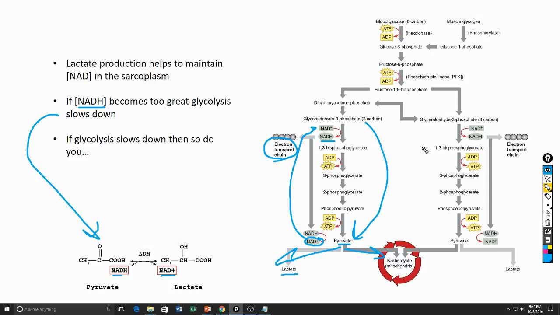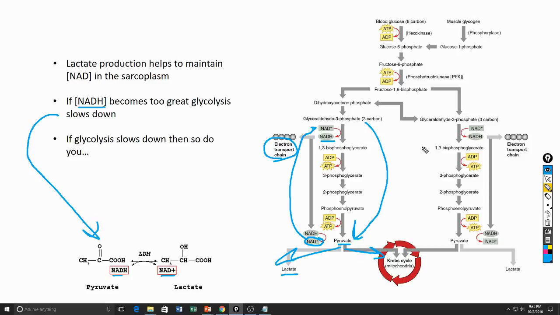I can keep that concentration of NADH low, keep the concentration of NAD higher, and that allows glycolysis to keep moving. Because otherwise, it could stop. And if it stopped, that's true fatigue. You're unable to produce energy. That's problematic, right?